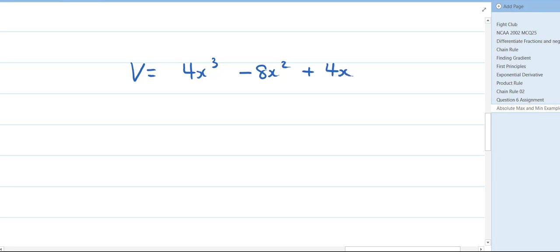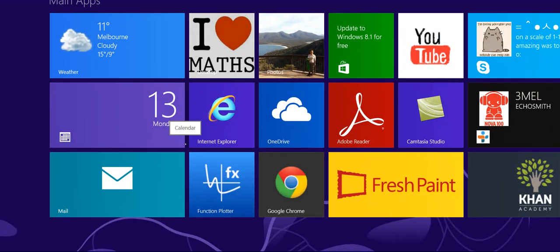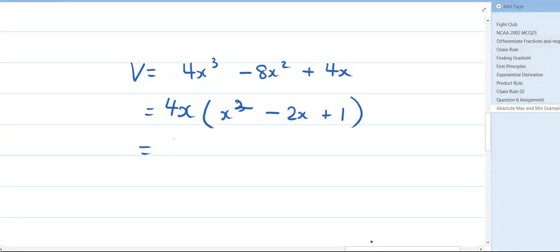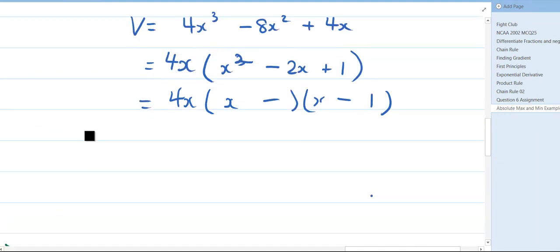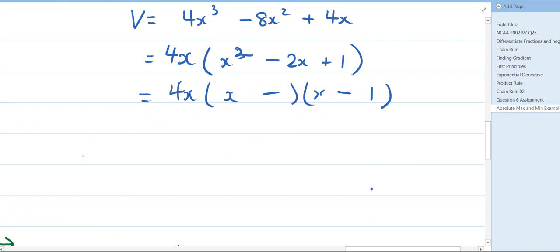That's your graph, and I can factorize this by taking out x as a common factor, and 4 as well, which gives me 4x times (x squared minus 2x plus 1), which I can factorize further, becoming 4x times (x minus 1)(x minus 1). So this is a cubic function, which goes back to what you learned in term 1.